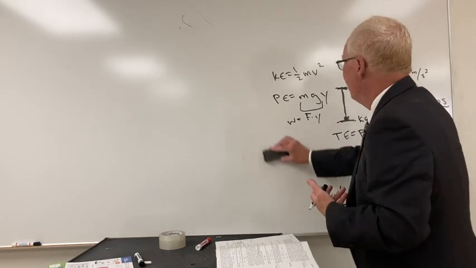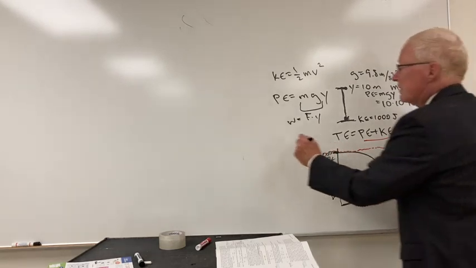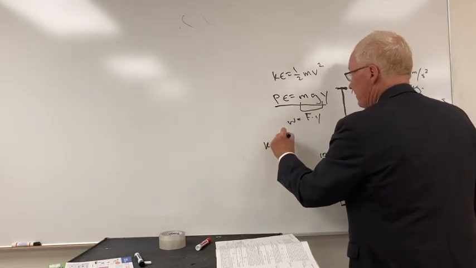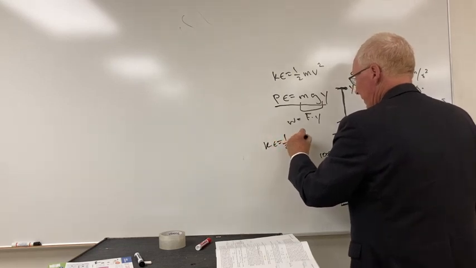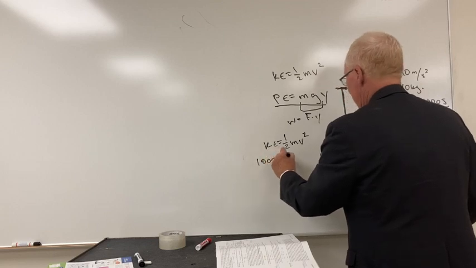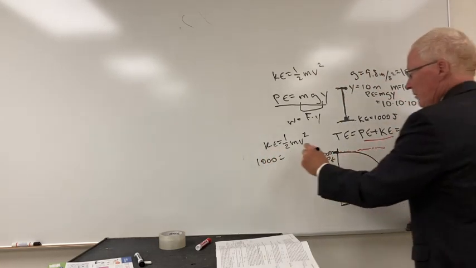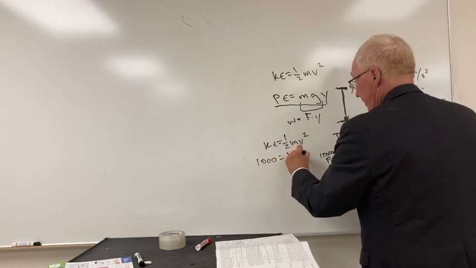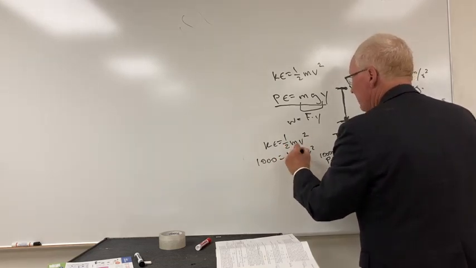So we have here, I'll leave this, this is our potential energy. Kinetic energy is given by 1/2 mv squared, which in this case is 1,000. And the mass is 10 kilograms, so it'll be 1/2 times 10 v squared.